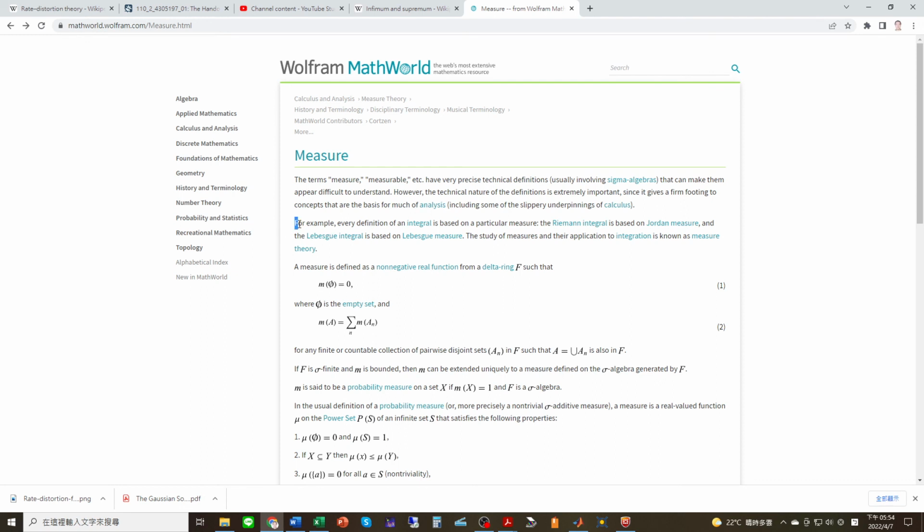For example, every definition of an integral is based on a particular measure. The Riemann integral, I think that you have learned what the Riemann integral is in calculus when you were a freshman in the university, is based on Jordan measure. Let us review what the Riemann integral is.